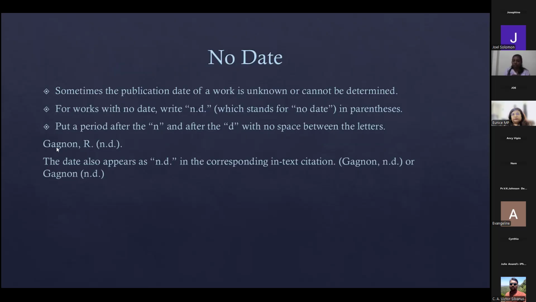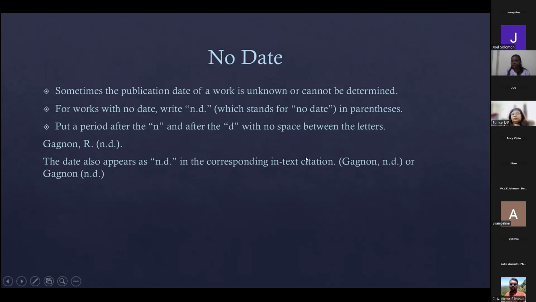For example, the author's name, period, parenthesis open, n period d period, close parenthesis, and then the period. The date also appears as n.d. in the corresponding in-text citation too. So even if you're citing the resource, you mention it in the same way.